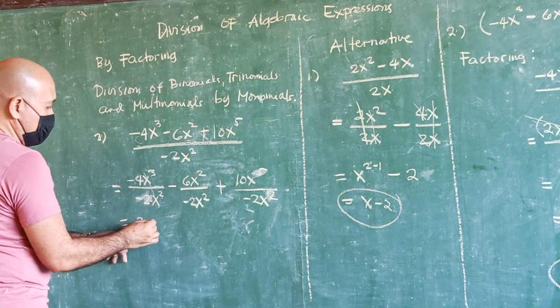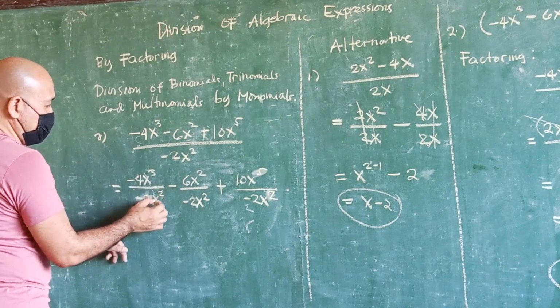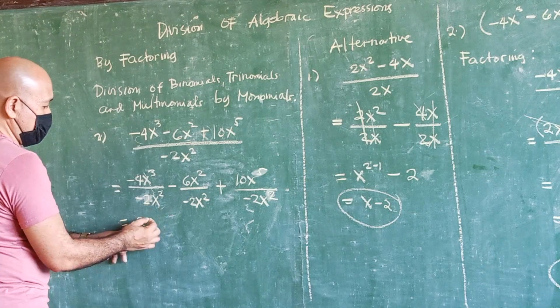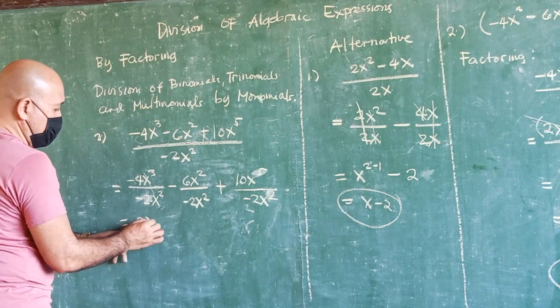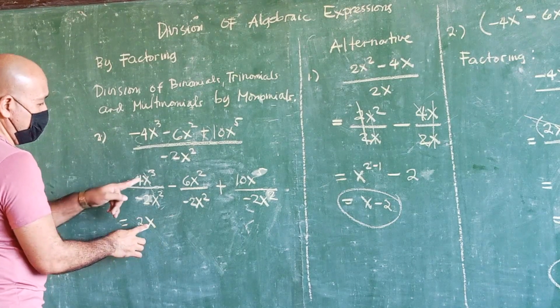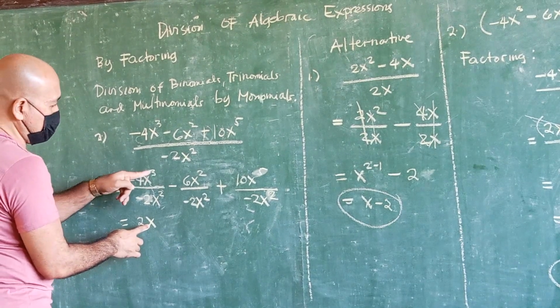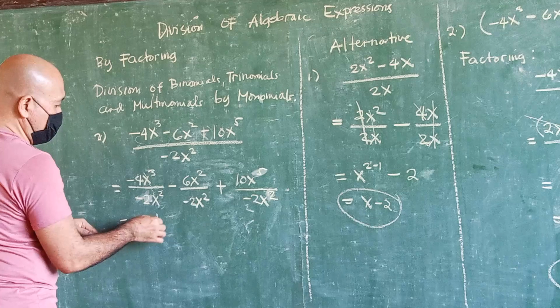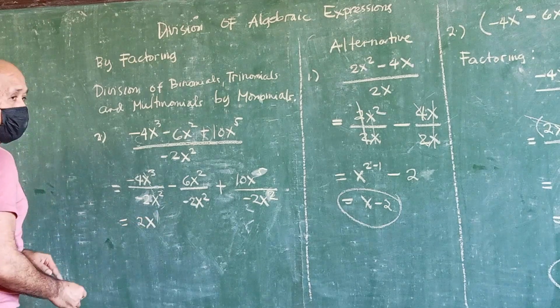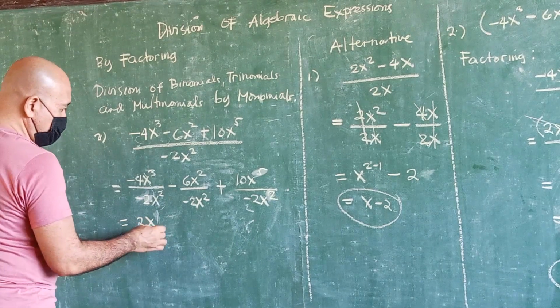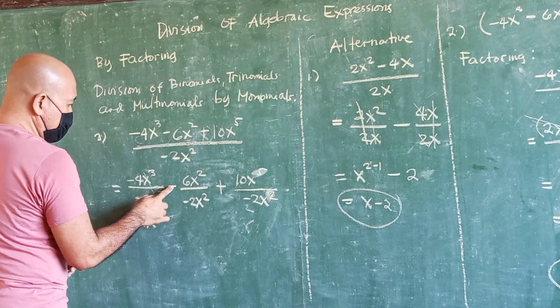So the variable and exponent in the denominator will be eliminated. So copy the variable in the numerator because it has the bigger exponent, and that becomes 3 minus 2, that is 1 or simply 1. And then the same here.